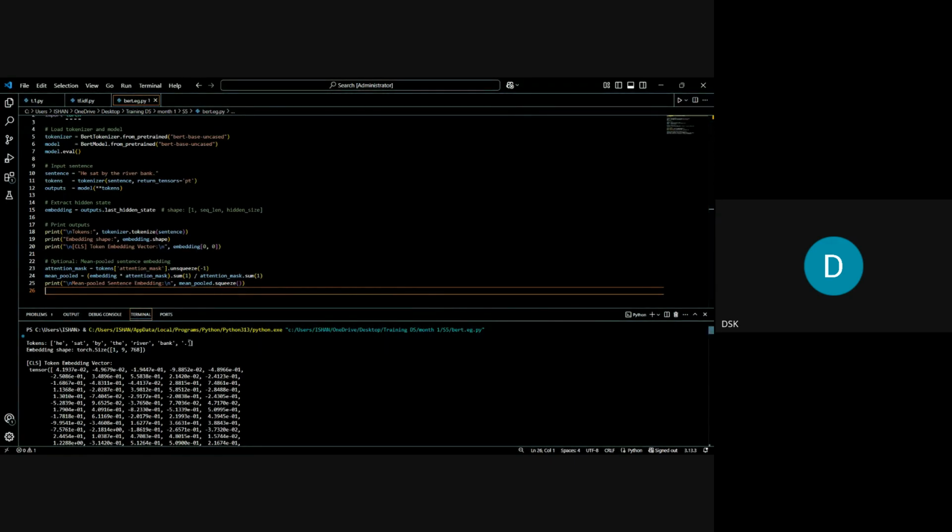So these are the tokens. The embedding shape is: batch size is 1, sequence length is 9, that is the number of tokens, and 768 is the dimension.